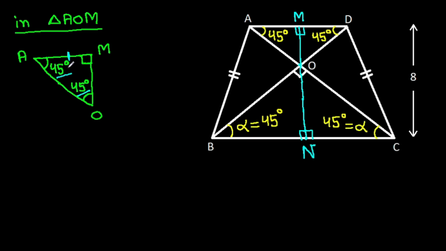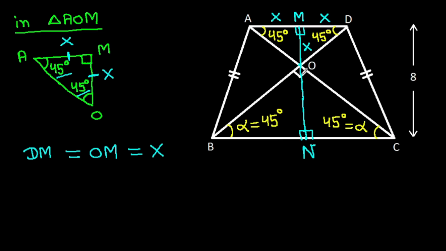That means AM will be equal to OM, and suppose OM is X, then AM will also be X. And in the same way DM will be equal to OM, and OM is X, so DM will also be X.